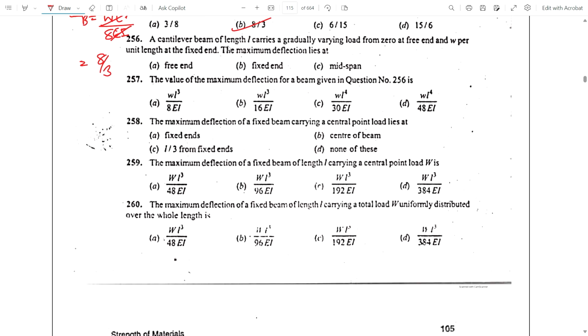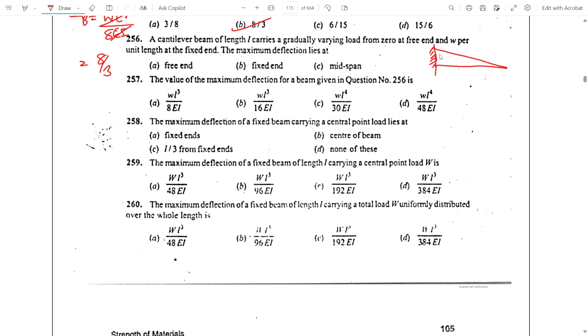Now coming to question number 256. A cantilever beam of length L carries a gradually varying load, 0 at the free end and W per unit length at the fixed end. Where does the maximum deflection lie? The uniformly varying load is 0 at the free end.